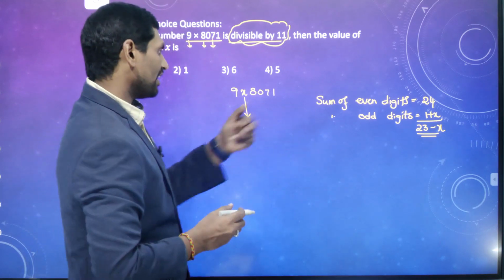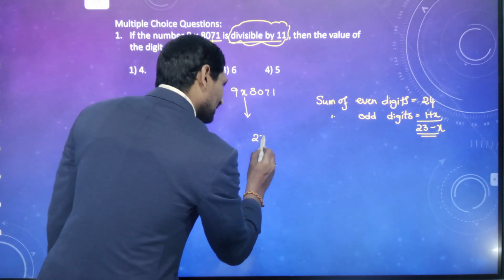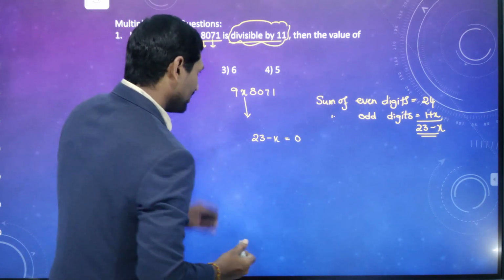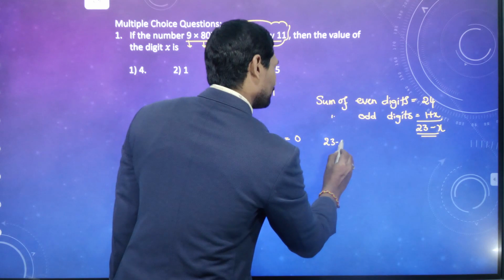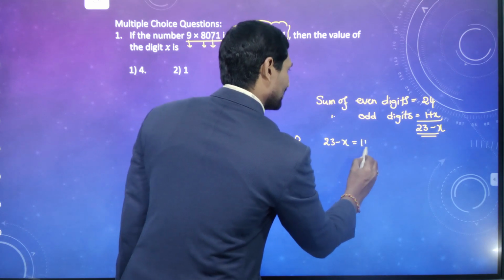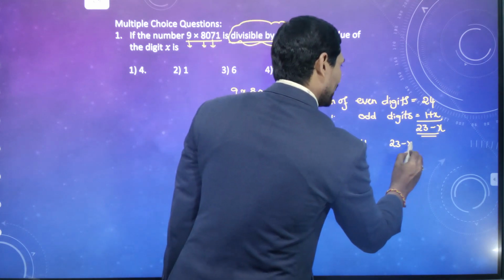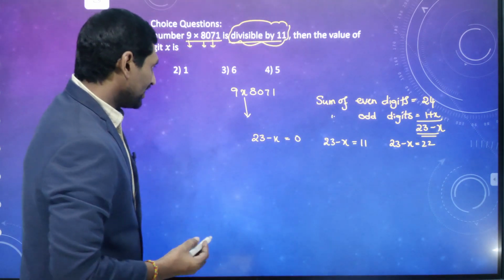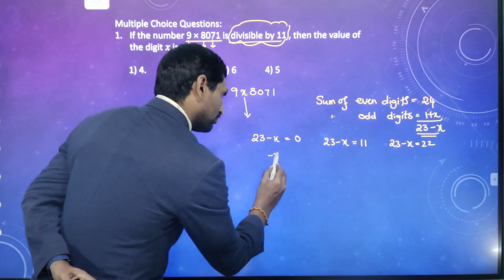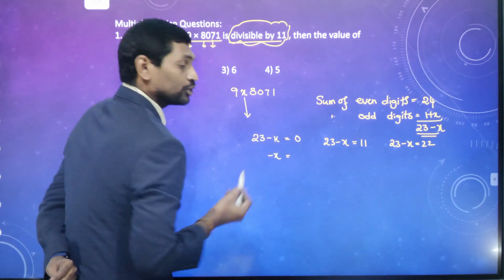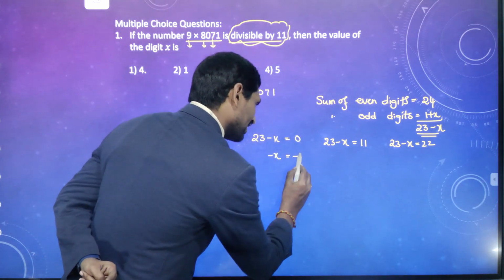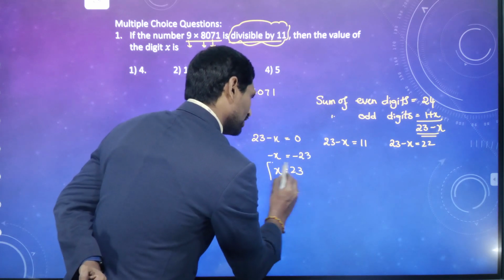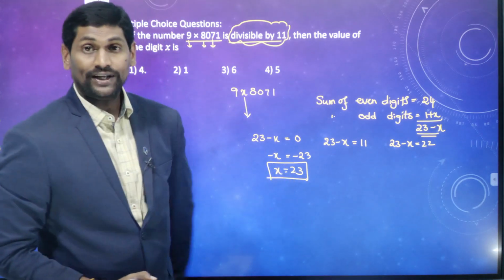Let us take the difference as 0 first. It can be 0 or a multiple of 11. So I am transposing plus 23 to the right side, it will be minus 23. Then the x value is 23.